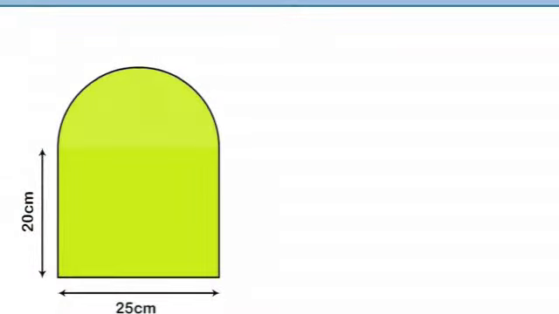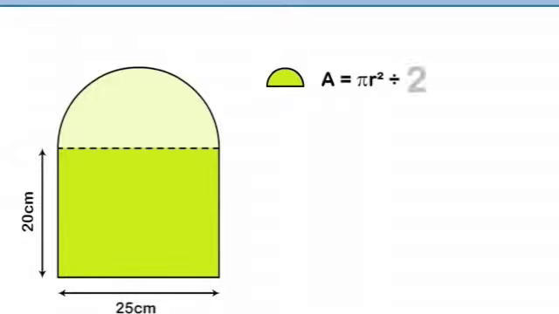This shape is made from a half circle and a rectangle. As before, we need to break the shape into smaller parts before we can calculate its total area. Let's begin with the half circle. Remember, the formula for calculating the area of a whole circle is area equals pi times the radius squared. To calculate the area of the half circle, we need to first calculate the area of the full circle and then divide our answer by 2.